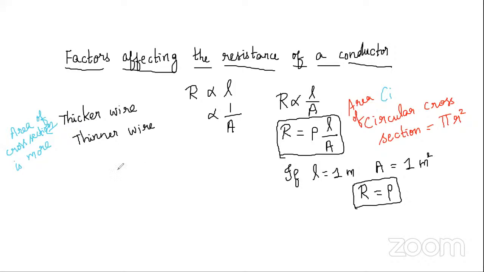Before winding up today's session, I will give you the dimensional formula for resistivity. The dimensional formula for rho, that is resistivity, is M power 1, L power 3, T power minus 3, and A power minus 2.